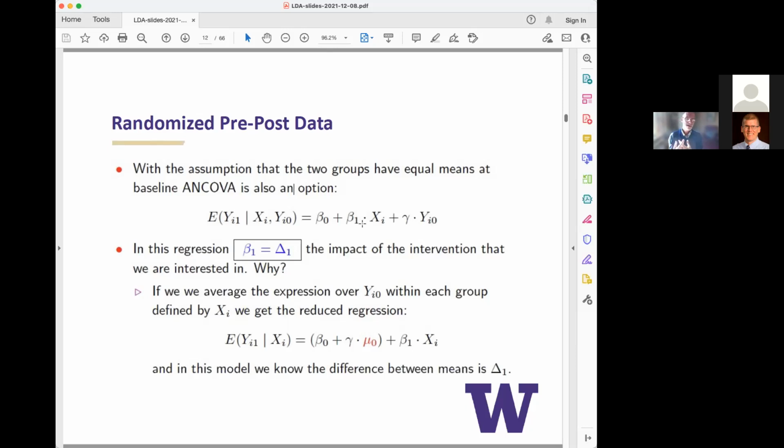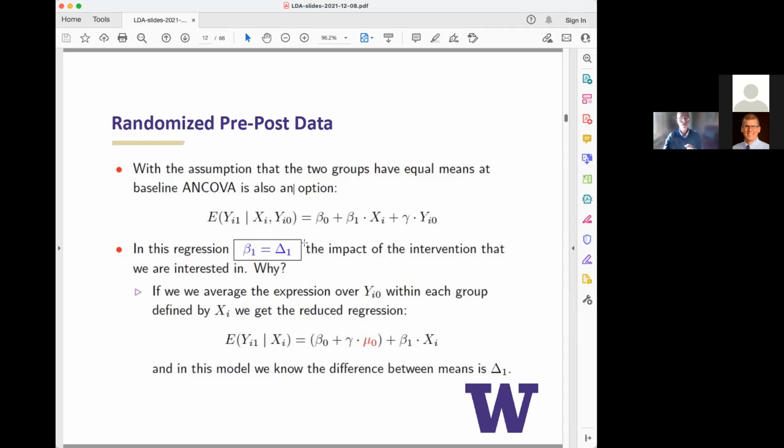An easy way to say why, and there are other ways to say why, is if we took the average of this regression over the values for the baseline, conditional on treatment group, we know the expectation of the baseline doesn't depend on treatment group.